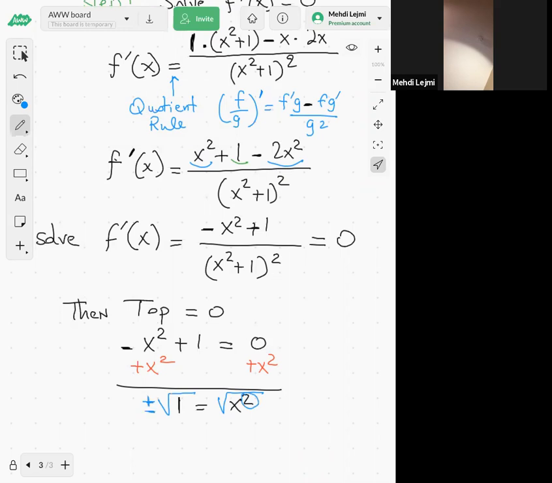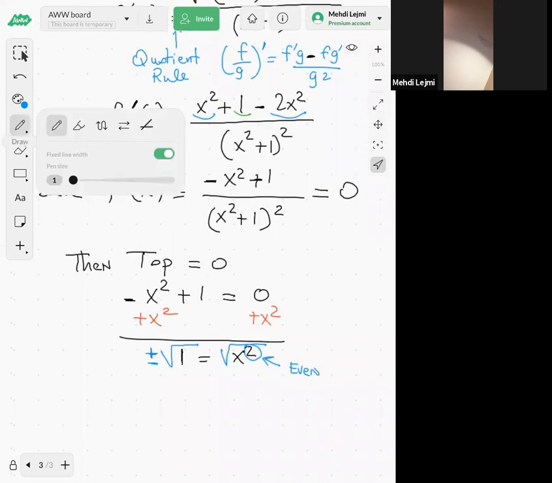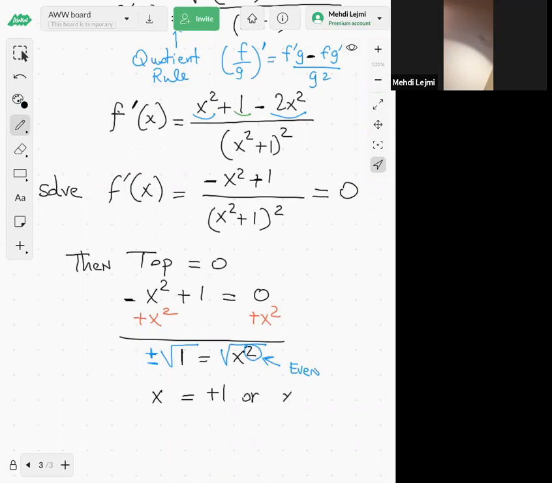If it's odd, like x cubed, you don't put the plus or minus. So whenever the power is even and you apply the nth root, you need the plus or minus. So x is plus or minus 1: x is positive 1 or x is negative 1.